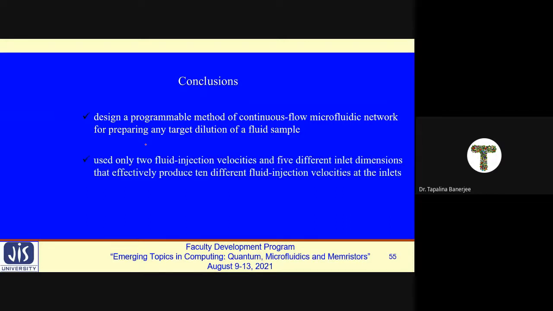This was the first-ever such programmable method designed, and it is irrespective of target CF. Any target CF can be implemented in it. We can use only 2 fluid injection velocities and 5 different dimensions, which help us effectively produce 10 different fluid injection velocities at the inlets of our proposed fluidic network.